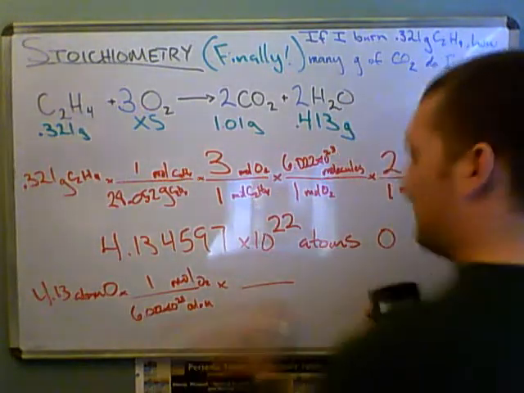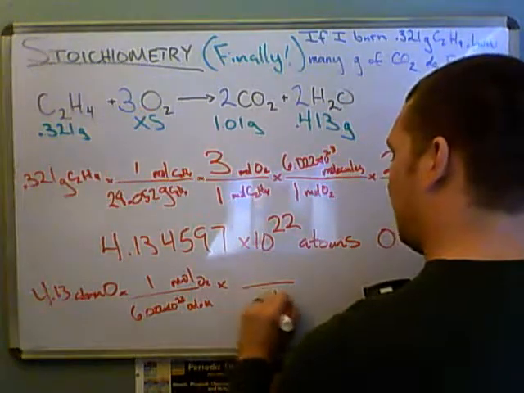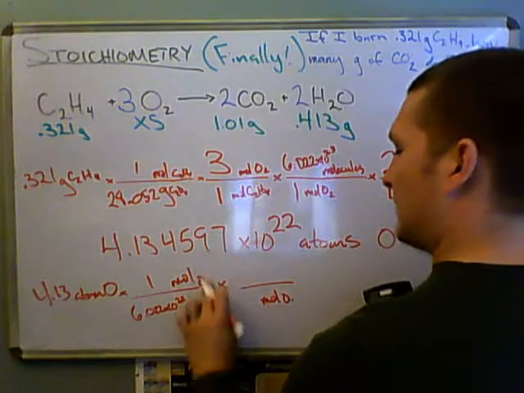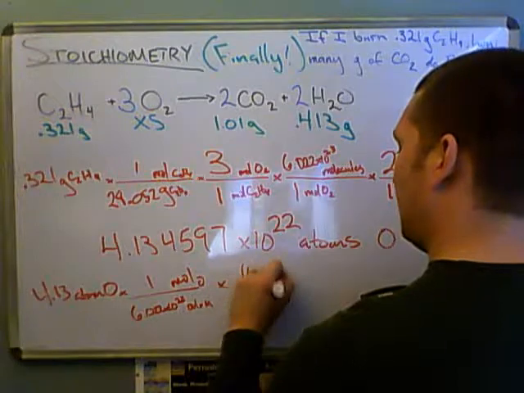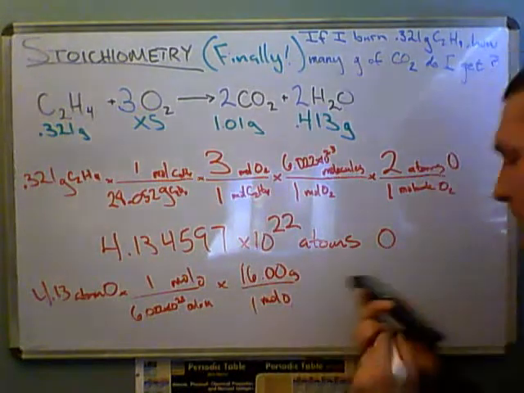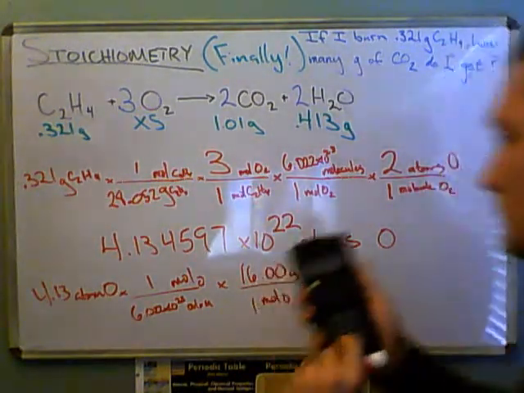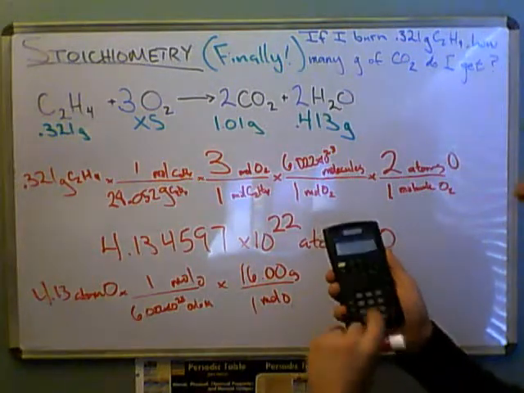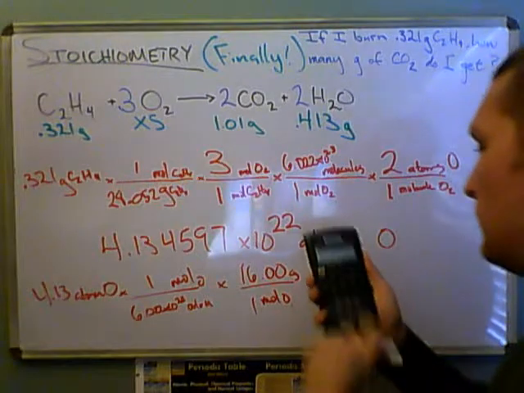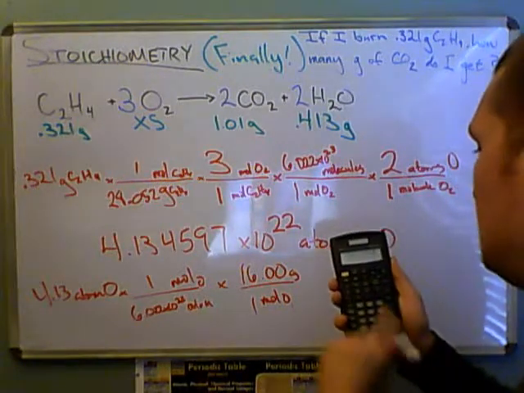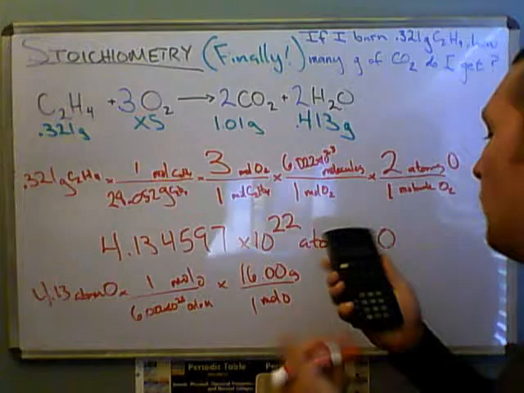Now I could go grams to moles, right? Or moles on the bottom. Moles of O, just oxygen, sorry, not O2. 1 mole of oxygen is 16.00 grams. So let's see. Take that, divide by 6.022 E 23 times 16. We get 1.098.